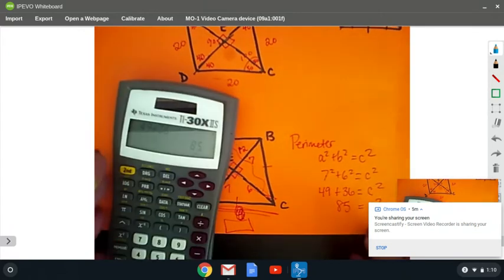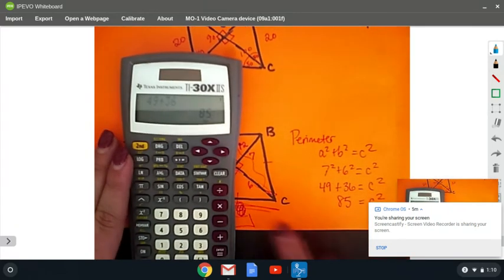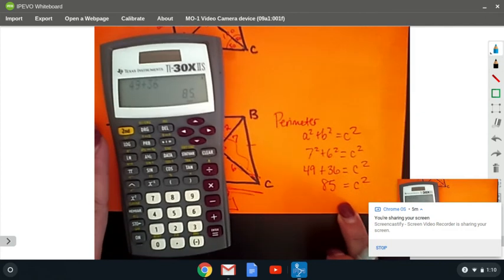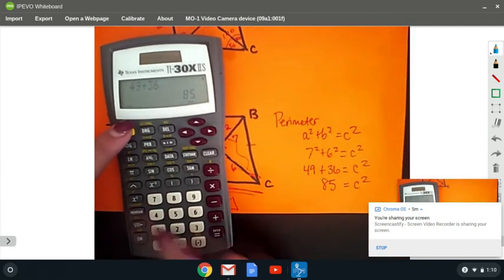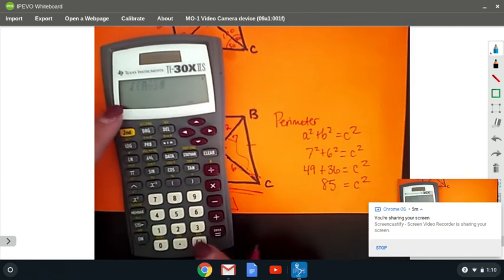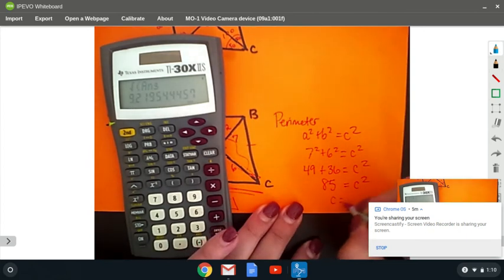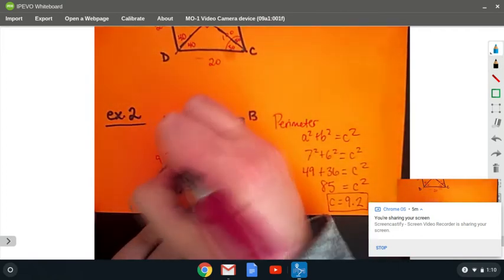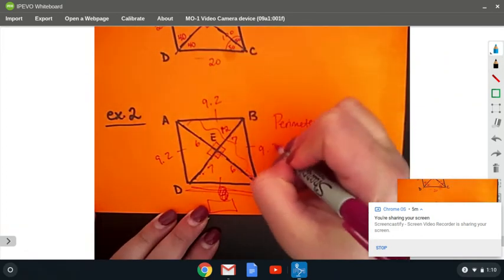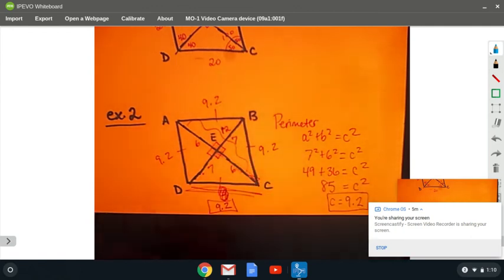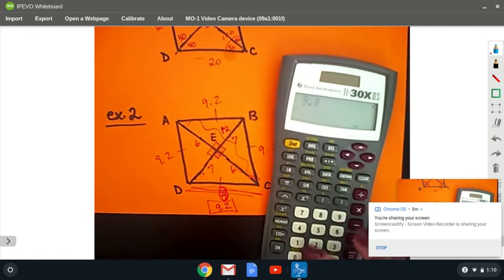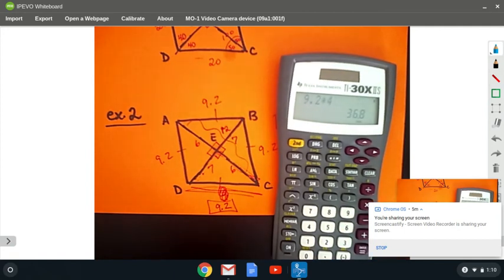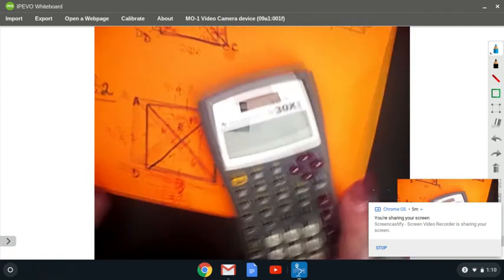And I'm using my calculator because 85 is not a perfect square. So I'm going to get a decimal here. So I'm going to take the square root of 85 and I get c is 9.2. So each side of my rhombus is 9.2. Okay, so now I just need to multiply 9.2 times 4, and that's my perimeter, 36.8.